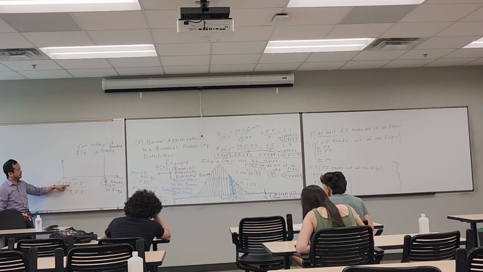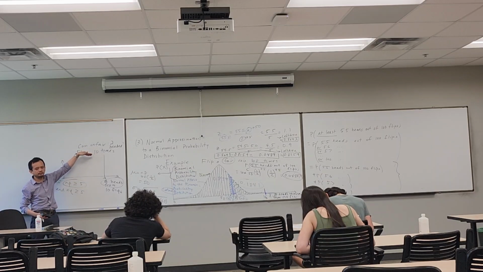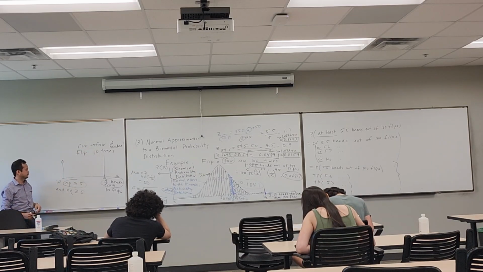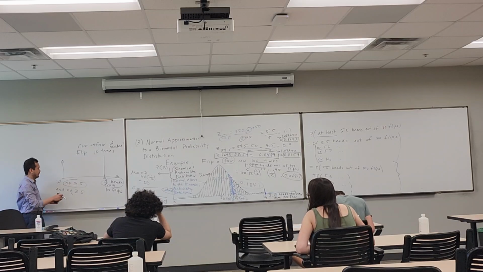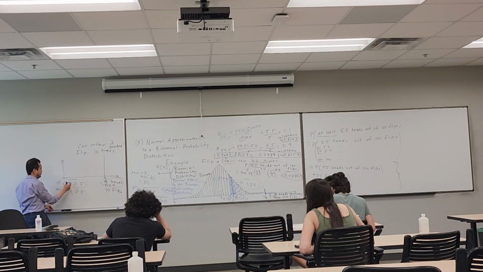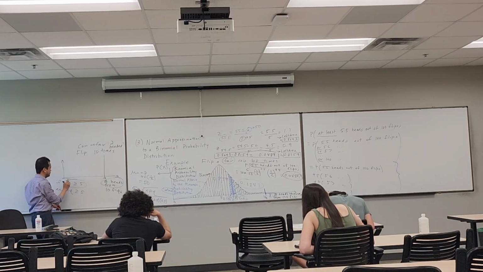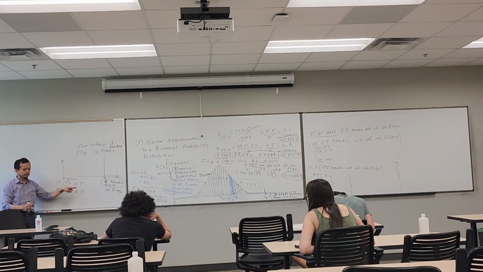So what's NP in this example with the two-headed coin flipped 10 times? Yeah, N is gonna be 10 because you're flipping the coin 10 times. And what's P? Yeah, P is the probability of success or heads. So that's gonna be 100%, that'll be 1. So it'll be 10 times 1, which is 10. So in this case, this assumption currently is met because 10 is at least 5.